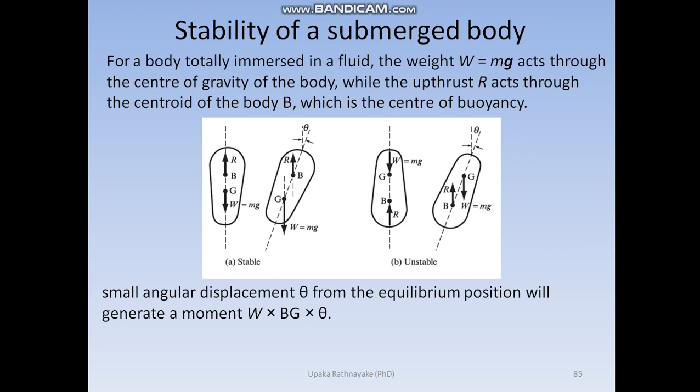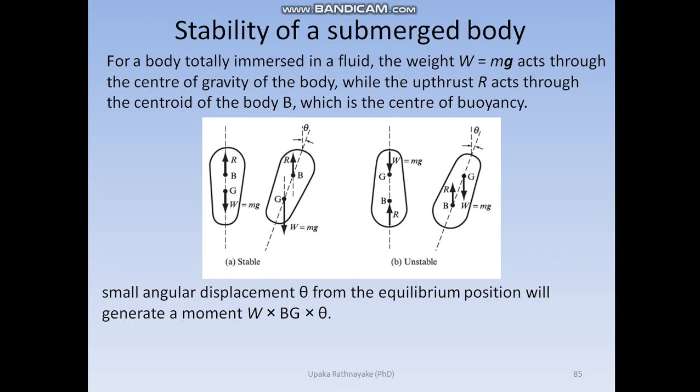Case 1. When the center of gravity is below the center of buoyancy, an anticlockwise moment is generated due to the upthrust, and that brings a righting couple to bring the tilted object back into its original position. This is called the stable equilibrium.